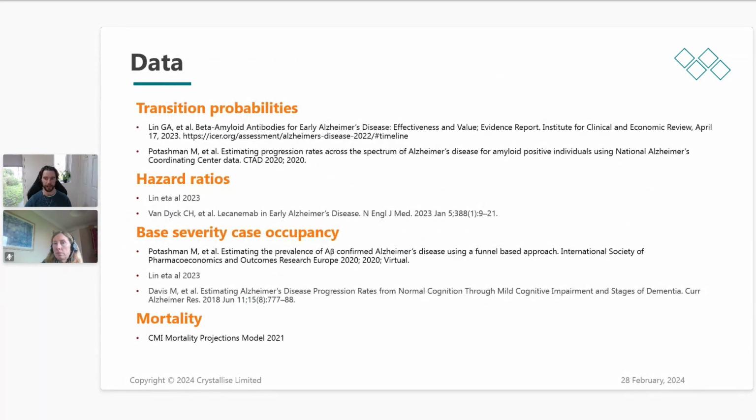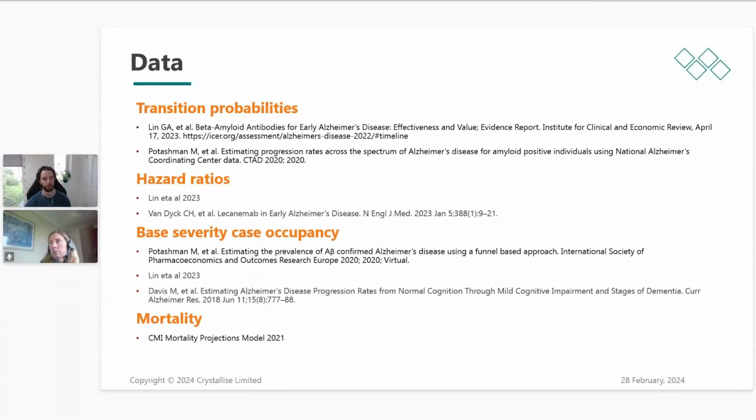And in order to gather the data, we conducted a targeted literature review. The way in which these models are generally parameterized is by getting estimates for the transition probabilities, that is, what are the current rates of transition under supportive care, and then we get the hazard ratios, so the effect of these states on mortality itself, and then we try to get an understanding of what proportions of individuals sit within each state.